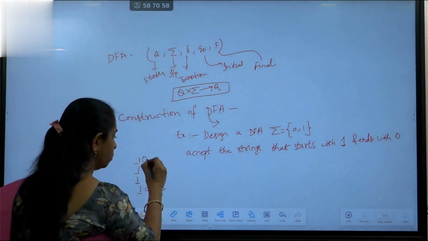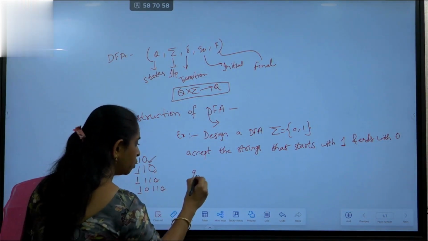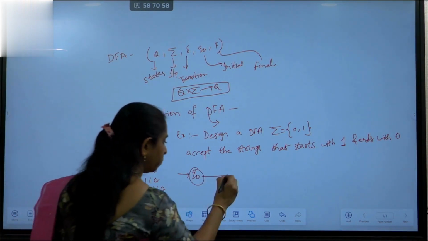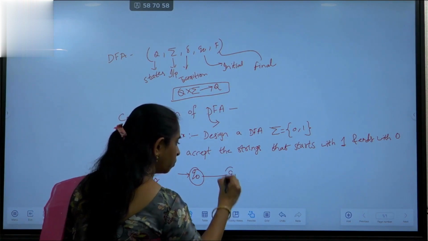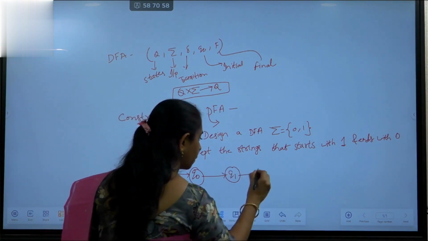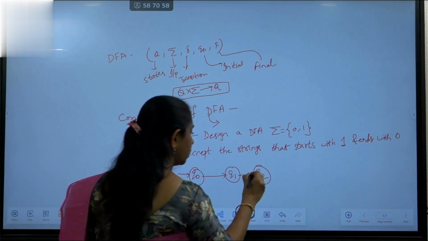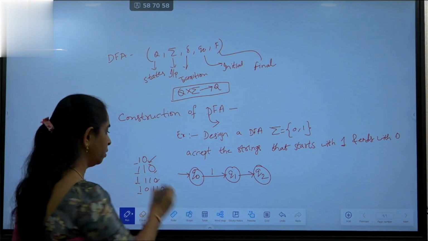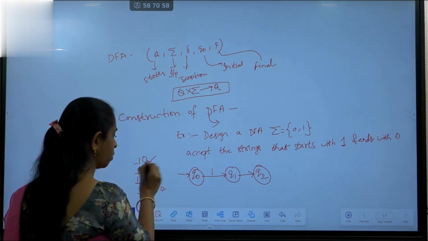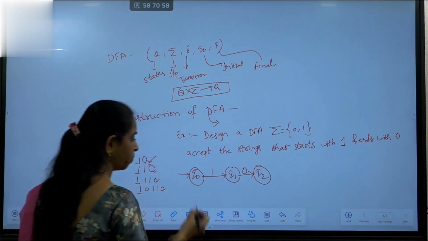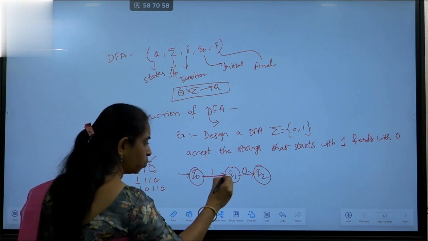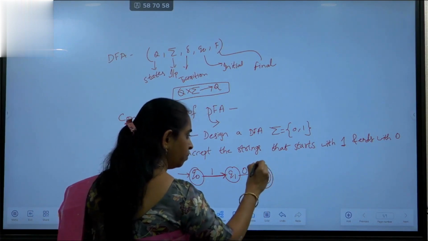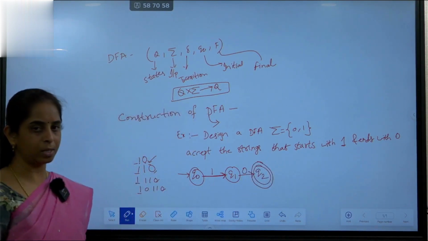Suppose for 1 0, Q naught is taken as the initial state. First we transmit the input alphabet 1, next we transmit 0. That means it started with 1 and ends with 0, so we end at this state and take it as the final state.